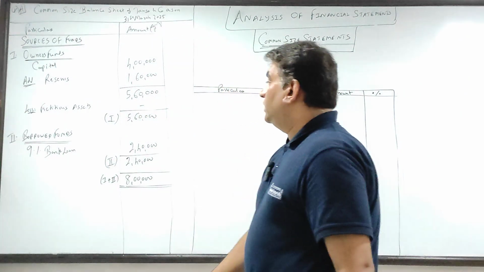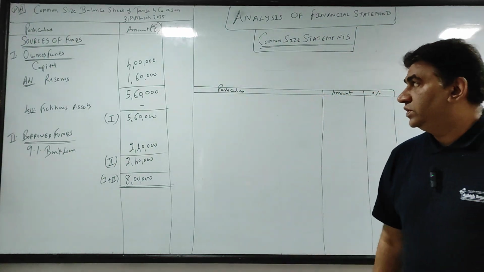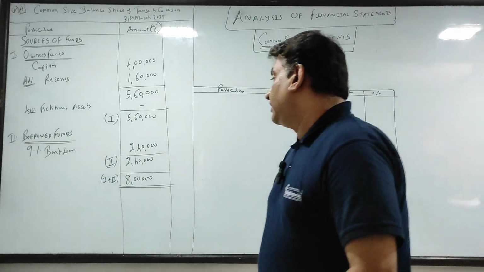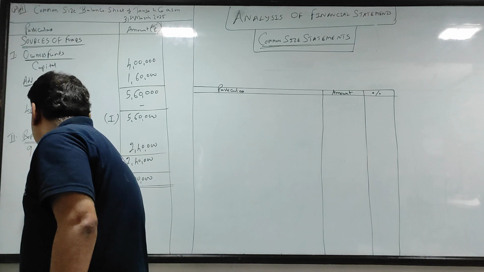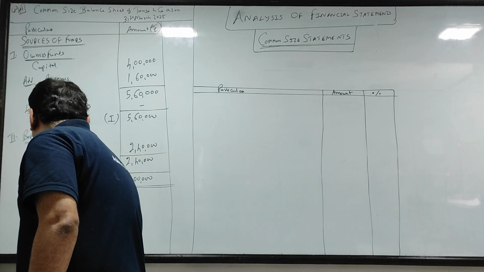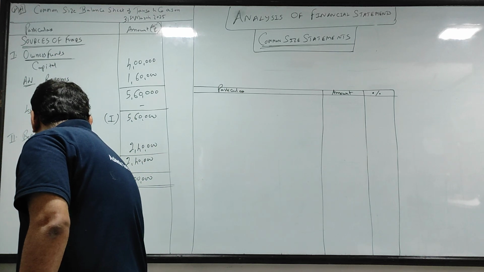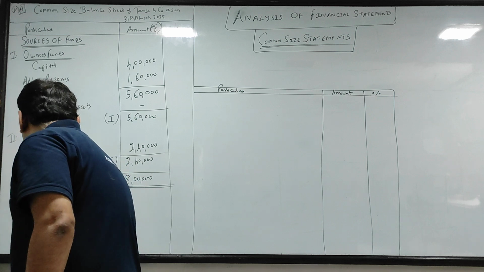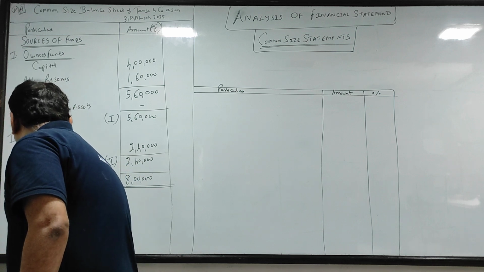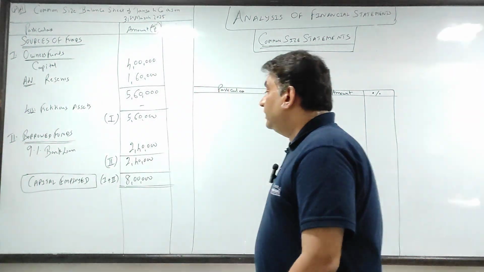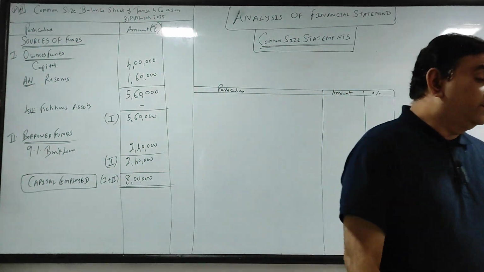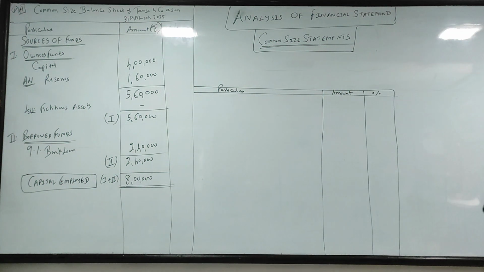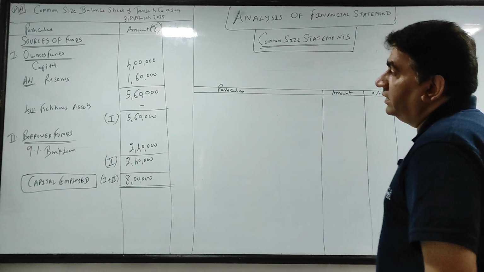This is 1 plus 2, and this is nothing but your capital employed. So capital employed is 1 plus 2.